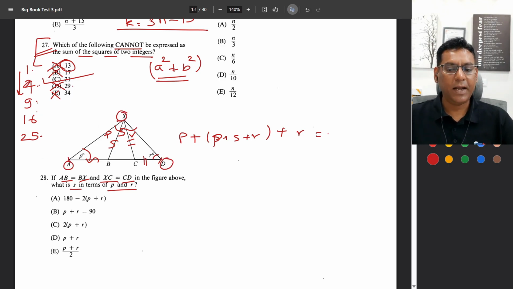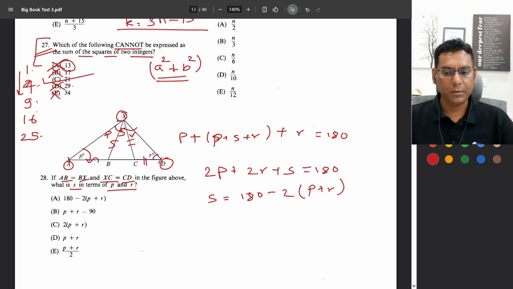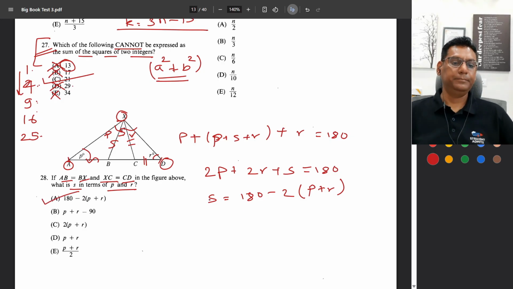So they have to add up to 180. Pretty simple, 2P plus 2R plus S is equal to 180. So S will be 180 minus 2(P plus R). Correct? Answer choice A.